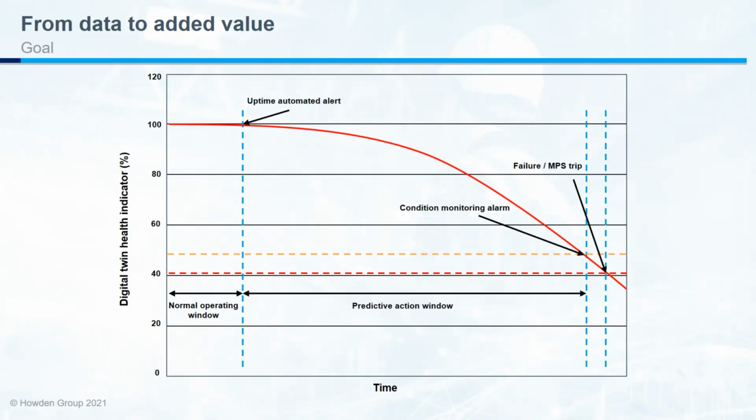And as we can see, let's say, deviations on the normal operating window quite early, this will increase the predictive action window. So it will increase the time for the maintenance teams on site to plan their maintenance, make sure spare parts are available, and the right resources for the service intervention are there.